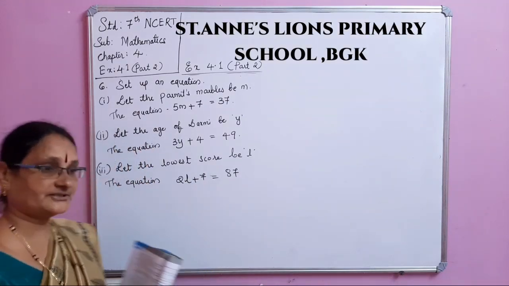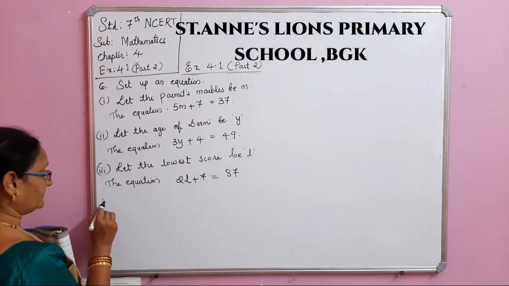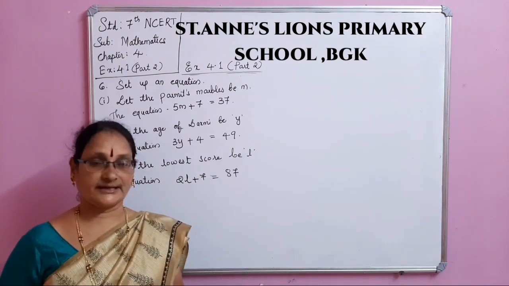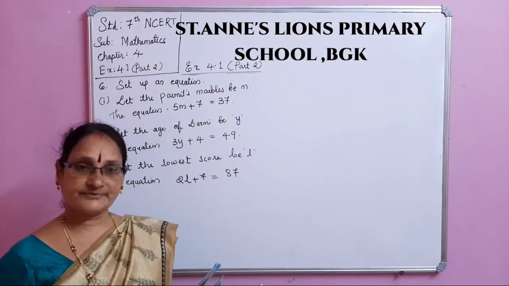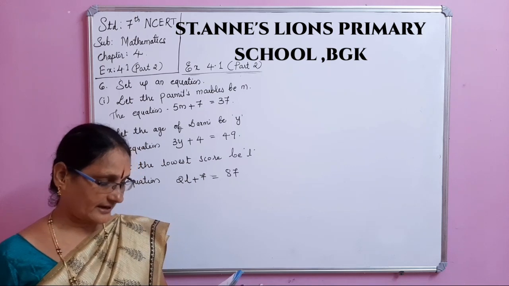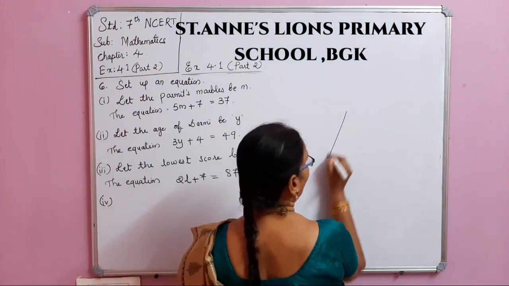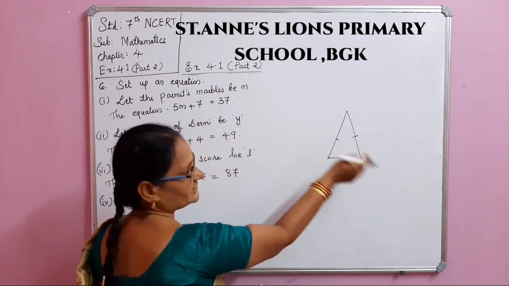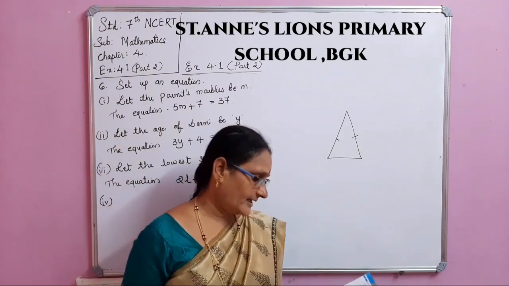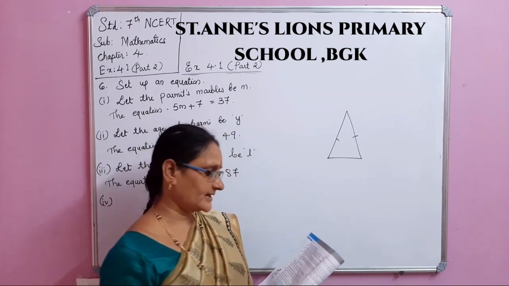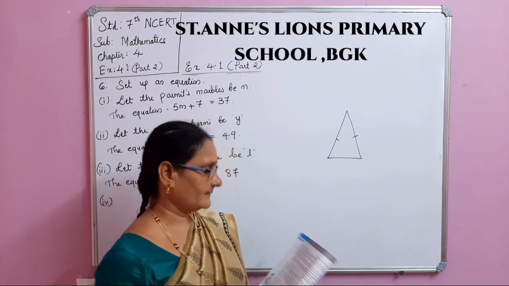Next, the last one, that is fourth one from this exercise. In an isosceles triangle, isosceles means what? Two sides are equal. Okay. See, isosceles will be like this. These two will be equal. This is isosceles triangle. In an isosceles triangle, the vertex angle is twice either base angle.